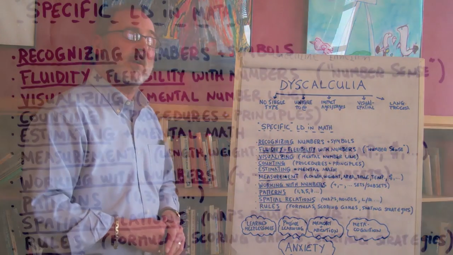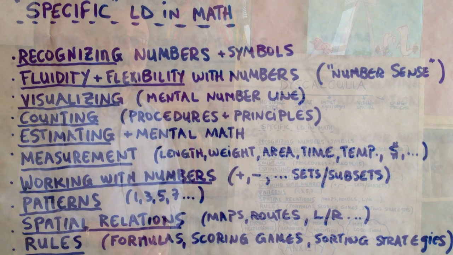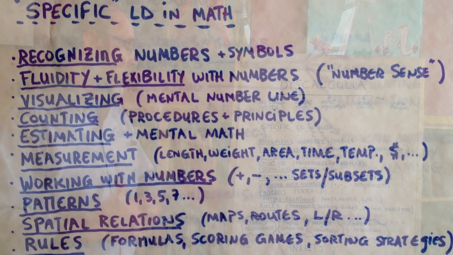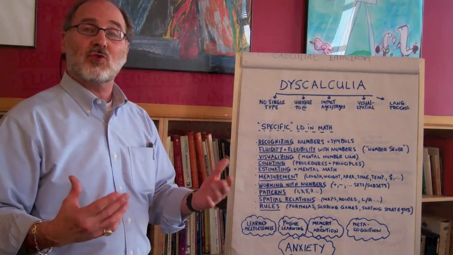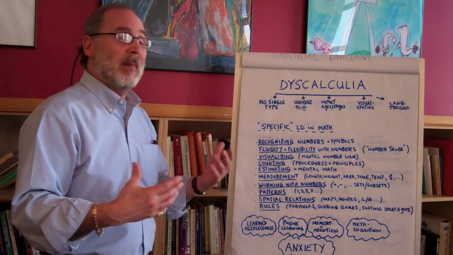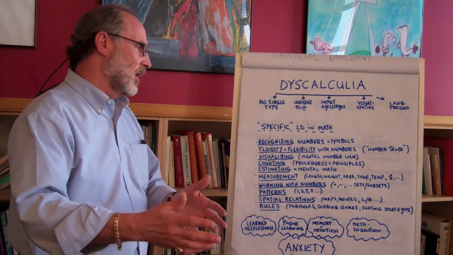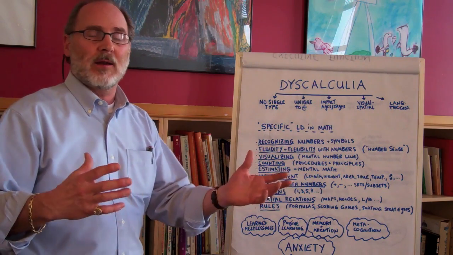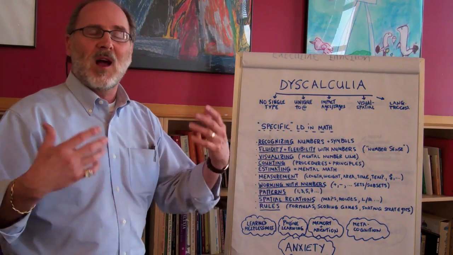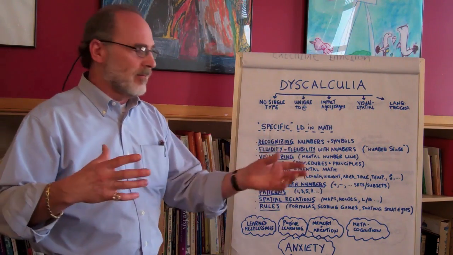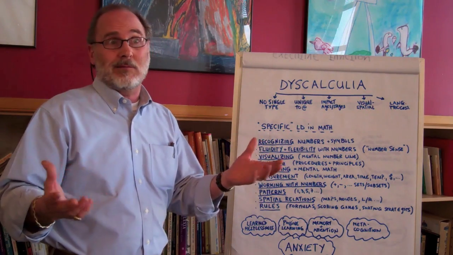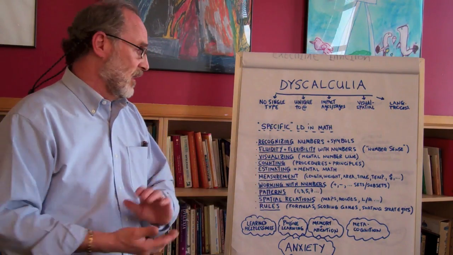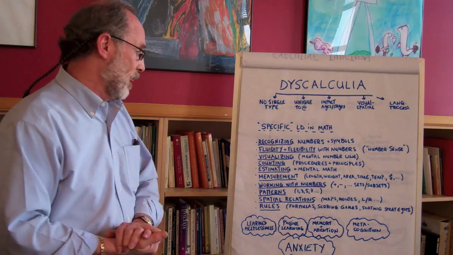Something that's also difficult for many students with learning disabilities in math falls within the domain of spatial relations. These are individuals who sometimes struggle tremendously reading maps or following a route or even knowing left from right, and finding ways to apply that left-right understanding in what is sometimes just a very simple way, even as they get older.